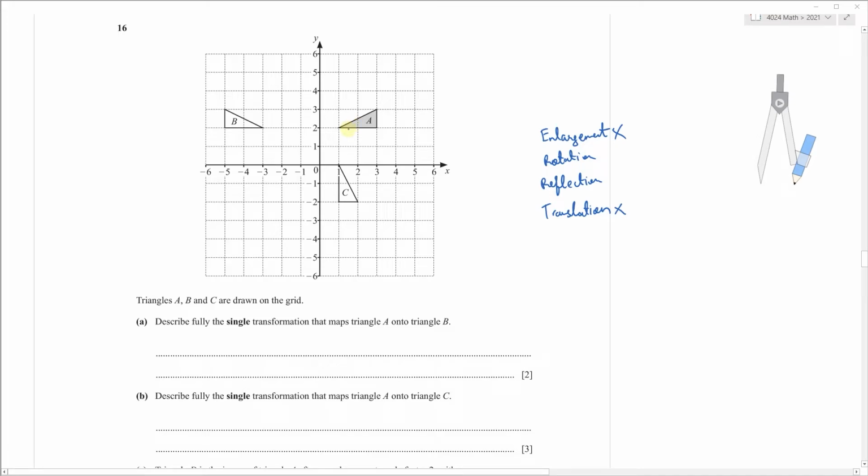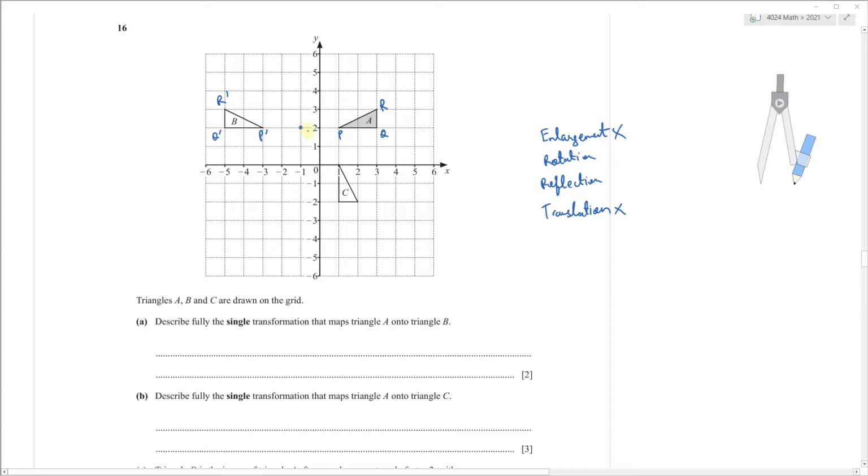Now to find the line of reflection, we have to join the two corresponding points. Let's call these P, Q, and R. This will be P prime, which is the image, Q prime, and R prime. The midpoint of P and P prime is here.